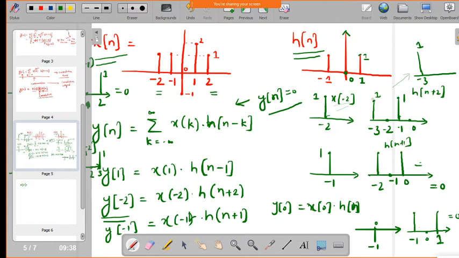Like this, since this impulse is multiplied with the complete system, it will give the same response. Here also it will be the same response, so at minus 2 it will be 1, at minus 1 it will be 0, and at 0 it will be 1. So this is the actual system response for y of minus 2, and this is for y of minus 1, and the output I am writing here.